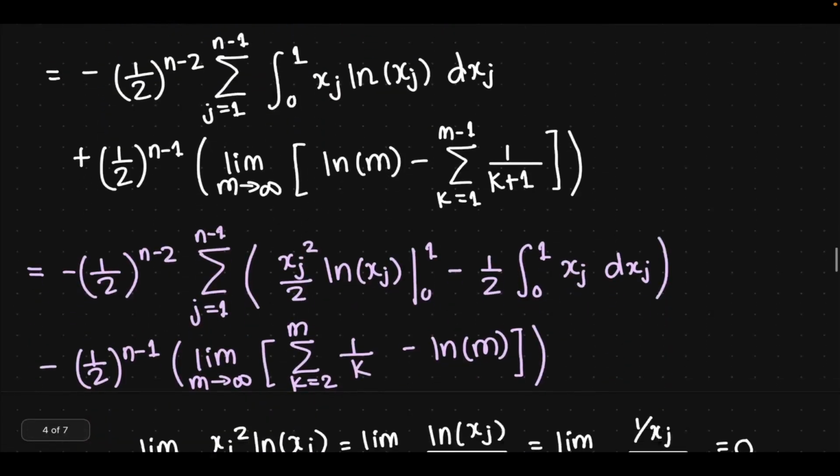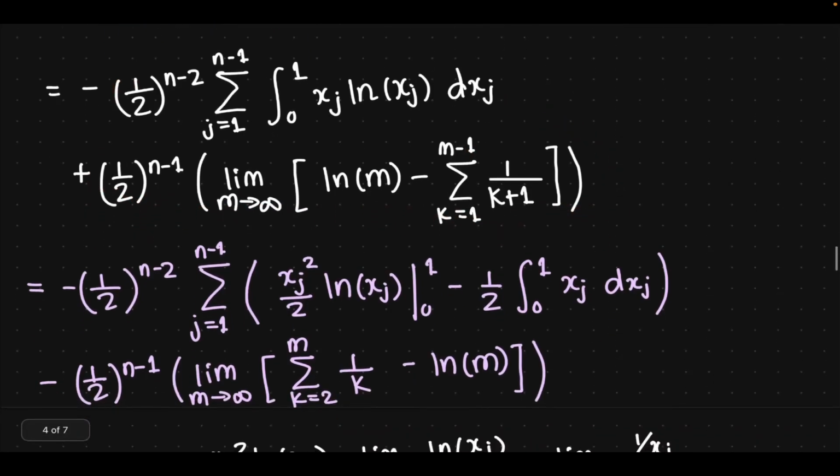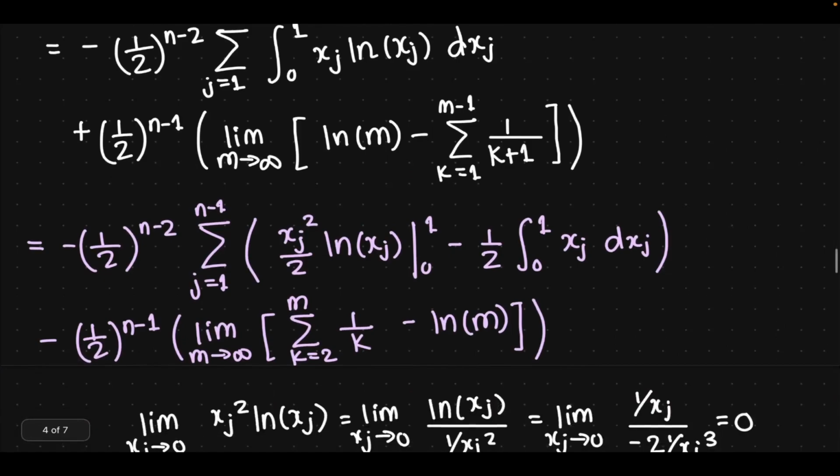So eventually I end up with 1 over k plus 1, k equals 1 to m minus 1. That's nice. We've compactified the form of the log integrals.